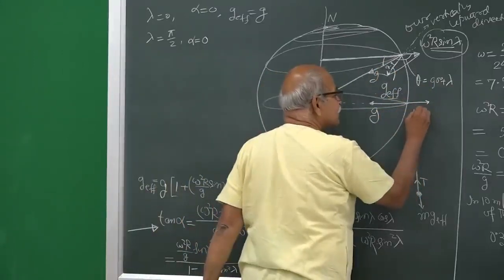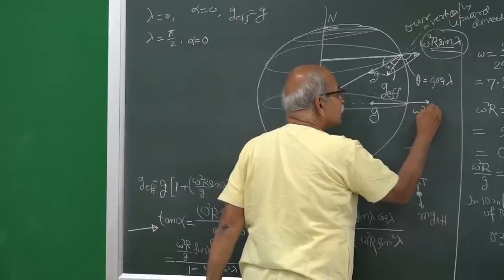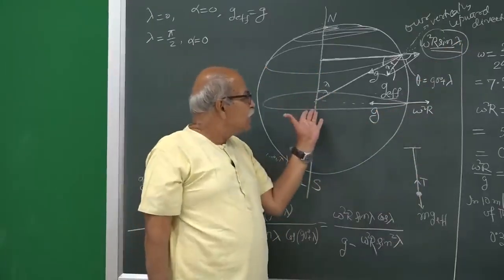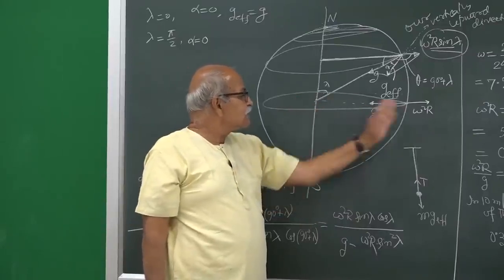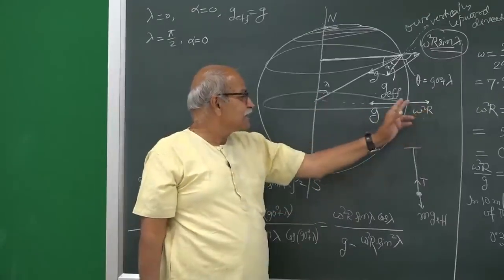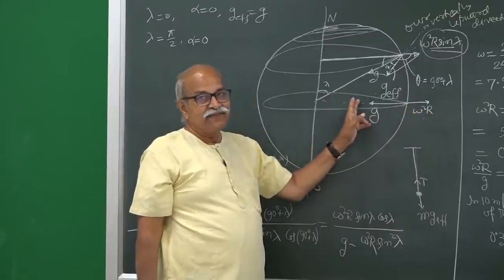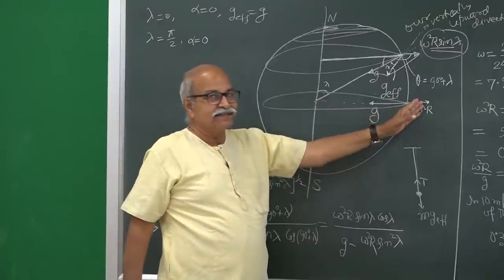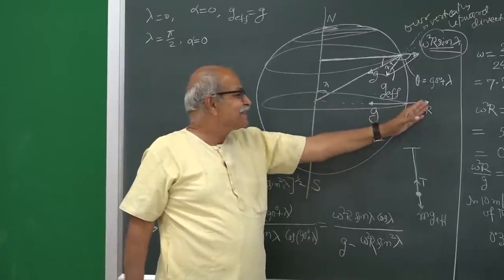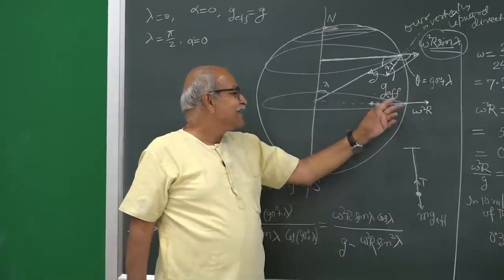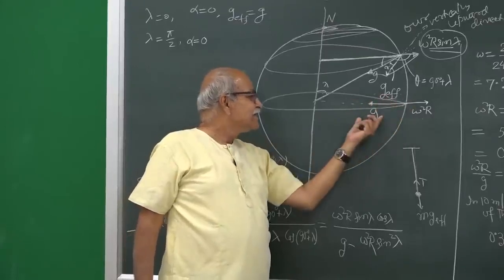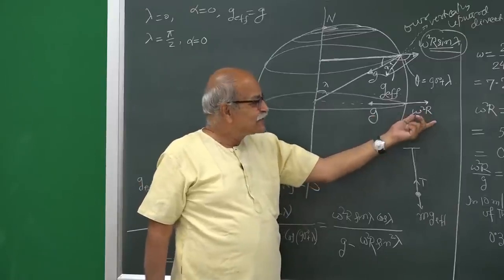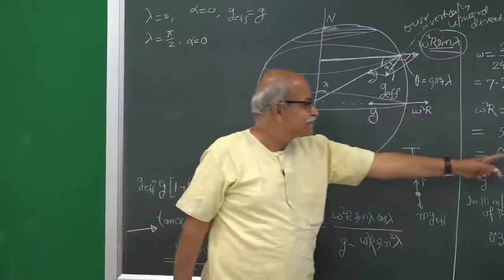It is the same direction, omega square r into sin lambda, and sin lambda is 1. So, omega square times r here and g here. They are on the same line in opposite directions, and therefore, the resultant is also in the same line, and the resultant magnitude is g minus omega square r, and omega square r, you know how much it is.